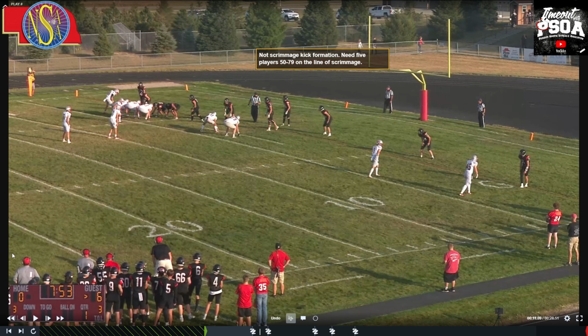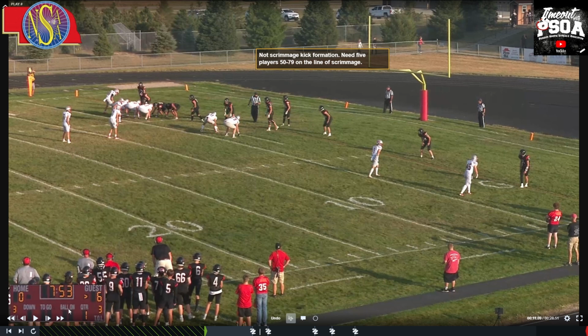Since this is not a legal scrimmage kick formation, we now go back to normal formation rules. The offense needs to have 5 linemen, 50 through 79, on the line of scrimmage. And as this play plays out, we're going to figure out we do not have 5, we only have 4 players 50 through 79 on the line of scrimmage.